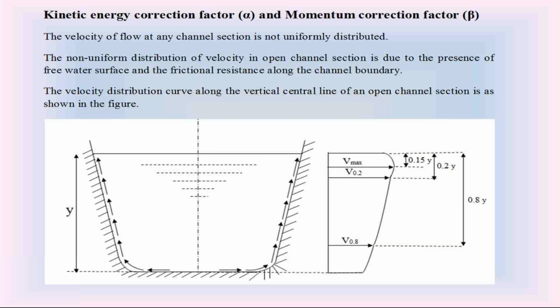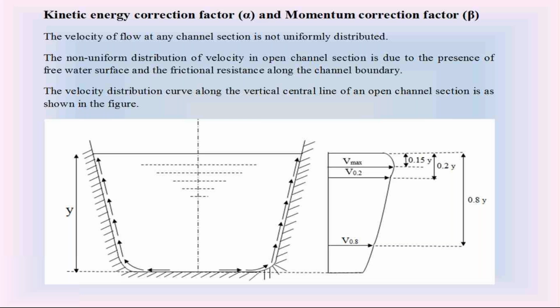So like that, in open channel water flow, we have two correction factors. One is the kinetic energy correction factor. Next one is the momentum correction factor. We are using these correction factors to find out the actual kinetic energy and the actual linear momentum of water flow in open channel.